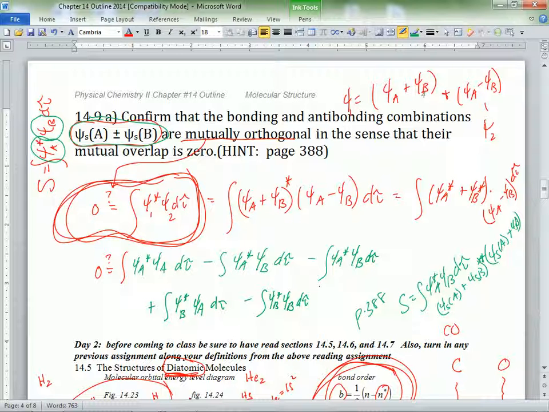Okay, so does this make sense so far? Just multiplied everything through.